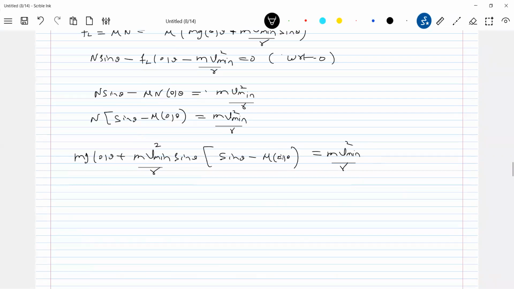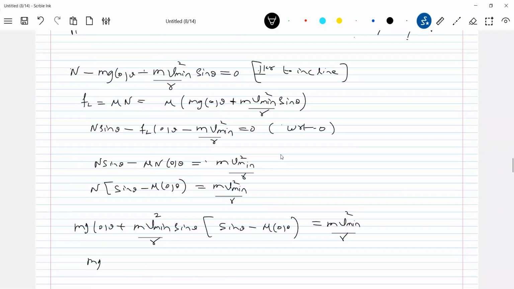This will be mg cos theta, so mu g should be there. Yeah, fine. Anybody got the value?